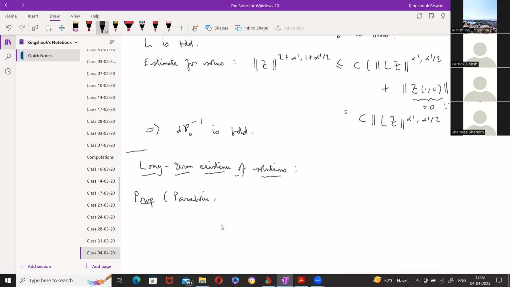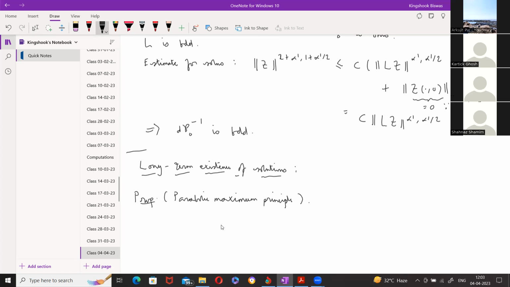This is going to be the key tool, which will tell us that various geometric quantities, namely the space and time derivatives of the solution, will not blow up in finite time. So those will stay bounded. And that boundedness of the space and time derivatives will allow us to conclude long-term existence of solutions. So the key for the boundedness is the parabolic maximum principle.